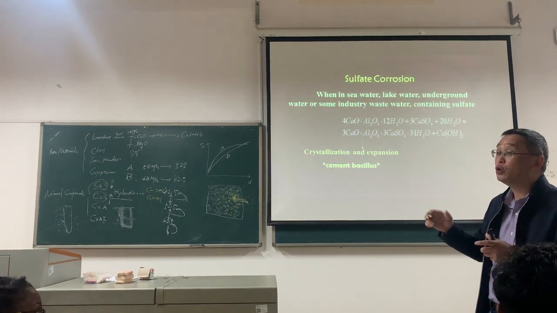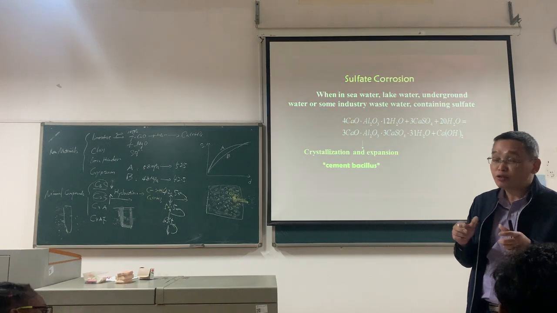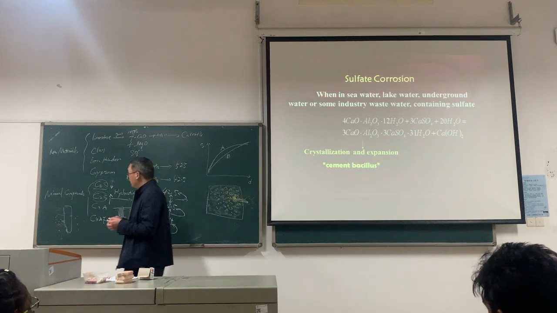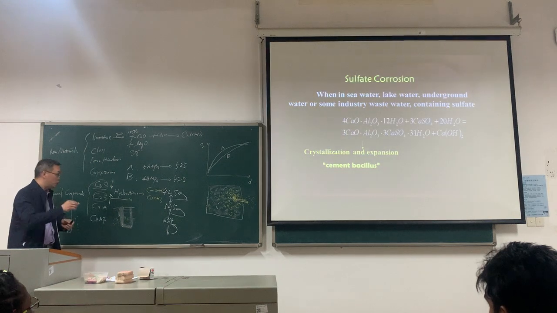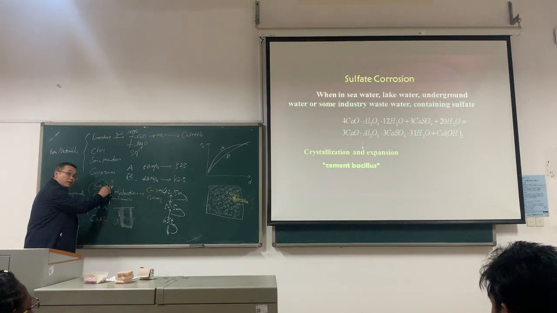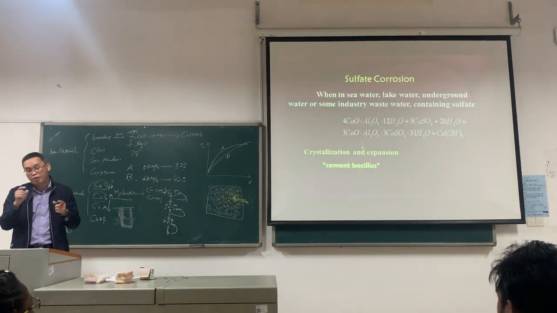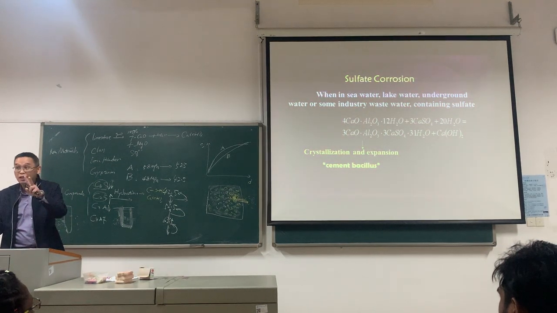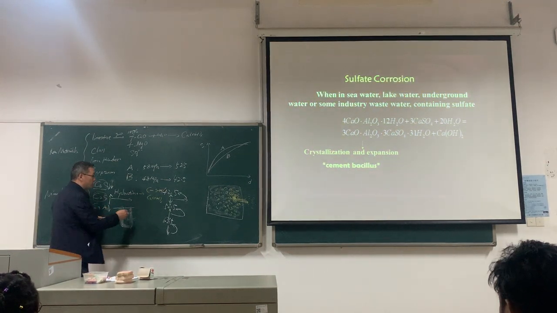Maybe we need to use some different cement. What kind of cement can we use? Maybe we need to decrease the content of it. Because for the chlorine, maybe I will explain later. There are two kinds of substance after the addition.